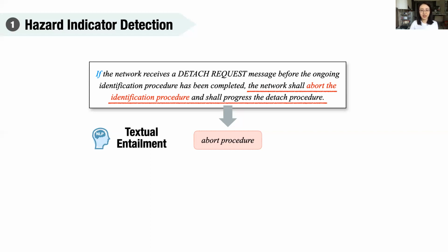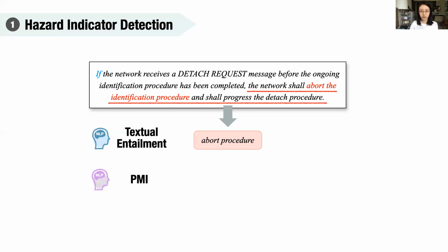Of course, we believe that except for the risky operation abort procedure, there are other risky operations in the specification. We also need to extract them. Here, our idea is based on the observation that risky operations will always appear together in the documentation. So we use correlation analysis, pointwise mutual information, a standard approach in computational linguistics, to identify them.